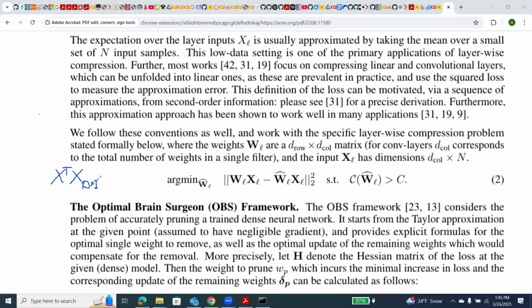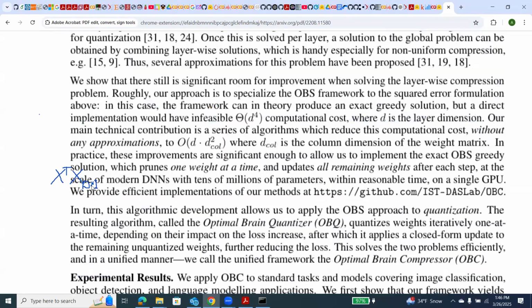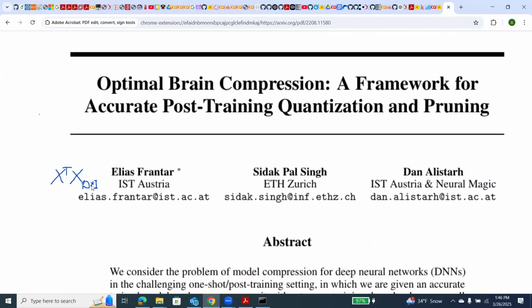And repeat this the same number of times as the number of features. And this algorithm, I think you remember, is called PTQ.